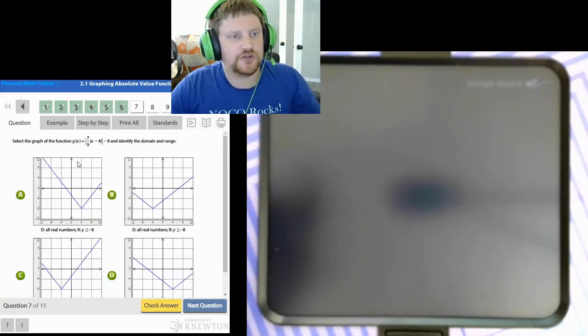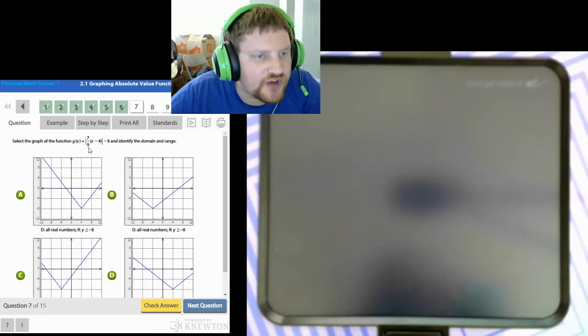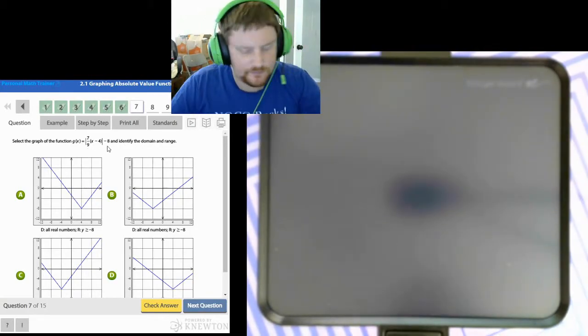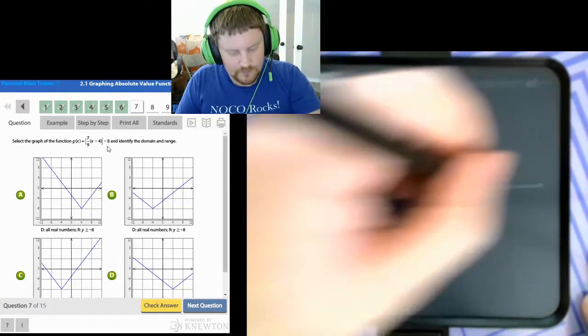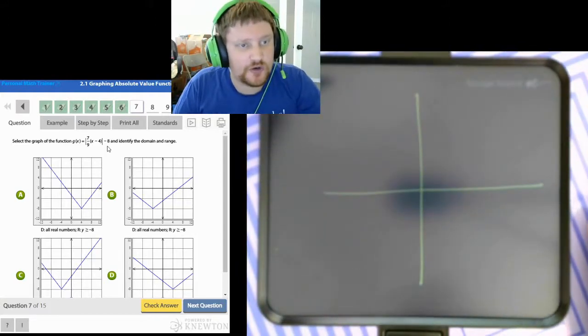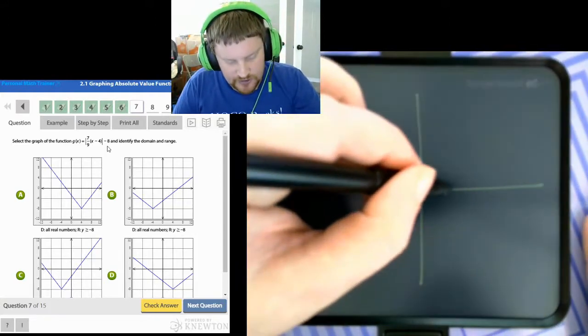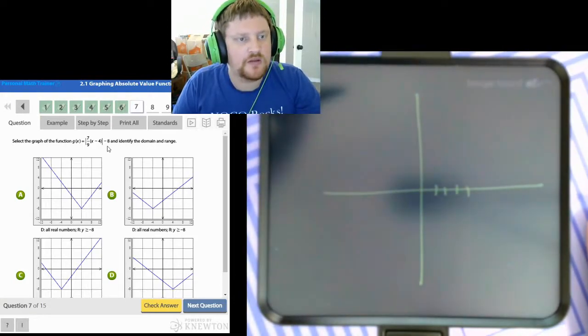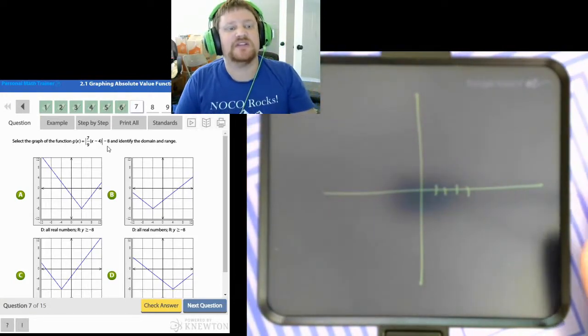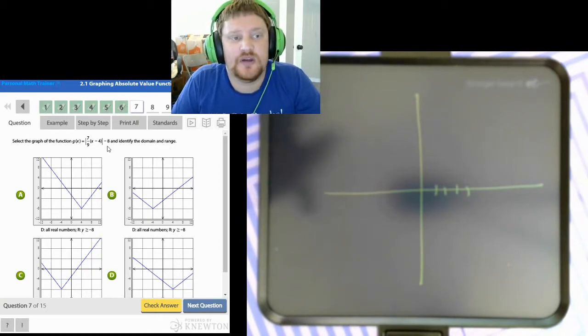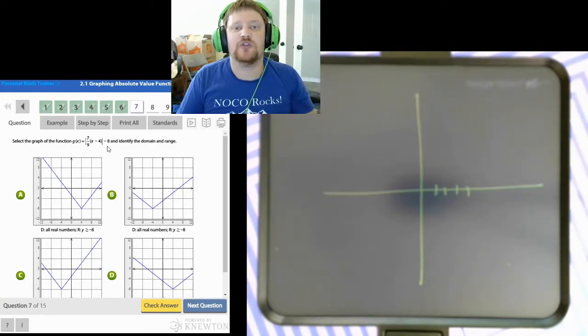Same general question, except this time we have a horizontal change on the inside. Alright, so first things first, we are going to move 4 units to the right. Then we have 7/9 is the number we're multiplying by on the inside. That is smaller than 1. So that tells us, since it's smaller than 1, it is a stretch.